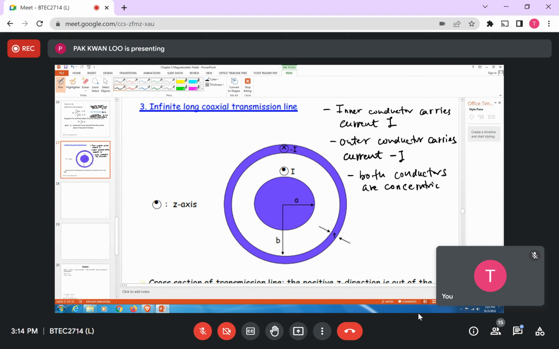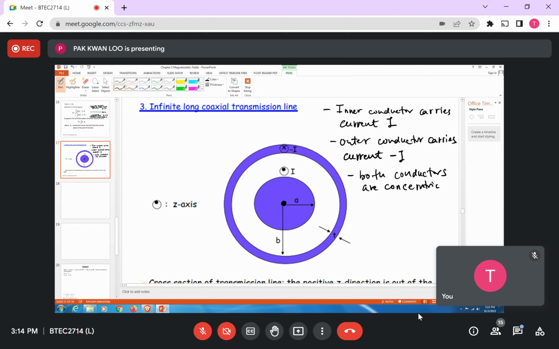That means they are aligned with the same center here. Both conductors are concentric.